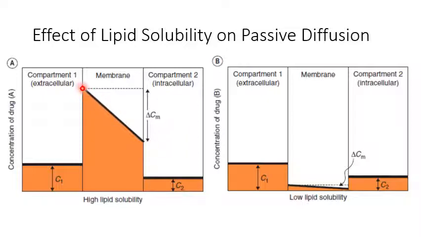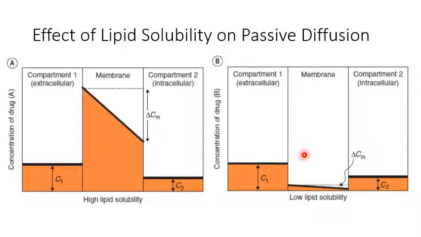This concentration difference will be the driving force for the movement of the drug by the mechanism of passive diffusion. So the net movement of the drug in case A, where the drug is highly lipophilic, will be from outside of the membrane to inside of the body of the cell.